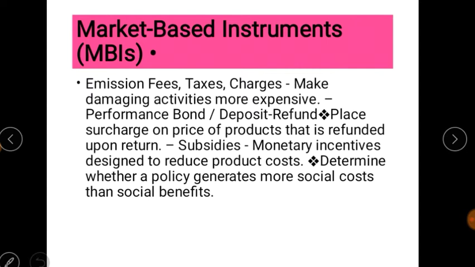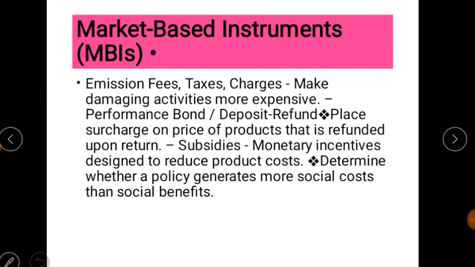Emission fees: when something is emitted into the environment, there is a fee, you have to pay the fee. If you are emitting more pollution, then you have to pay a higher amount of fees. Then taxes, charges, all these things.